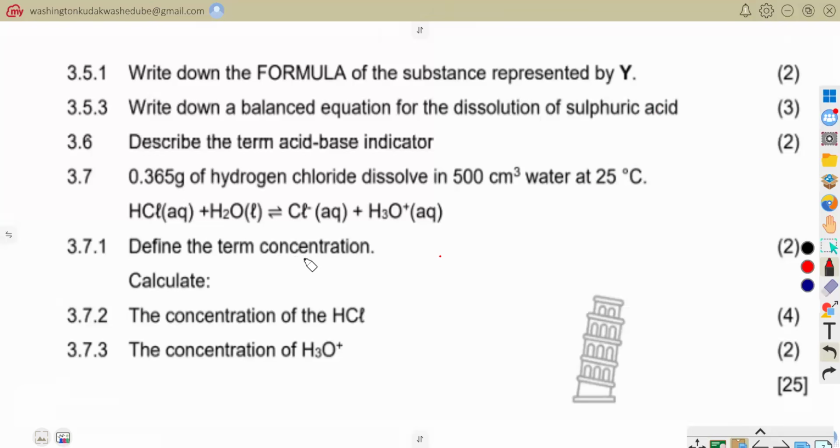Now they're saying define the term concentration. What is concentration? We know that concentration is equal to the number of moles of solute divided by the volume of the solution.